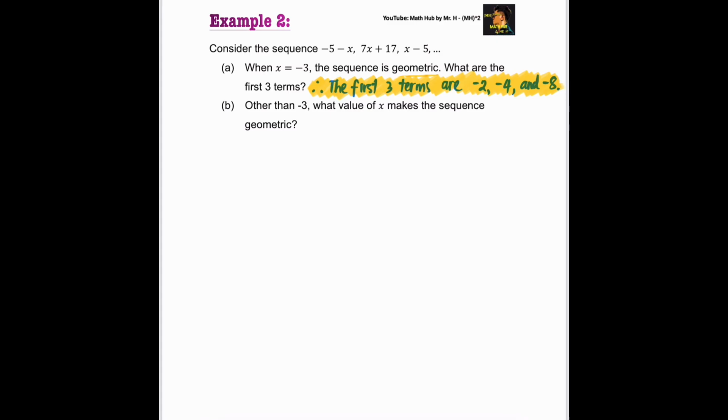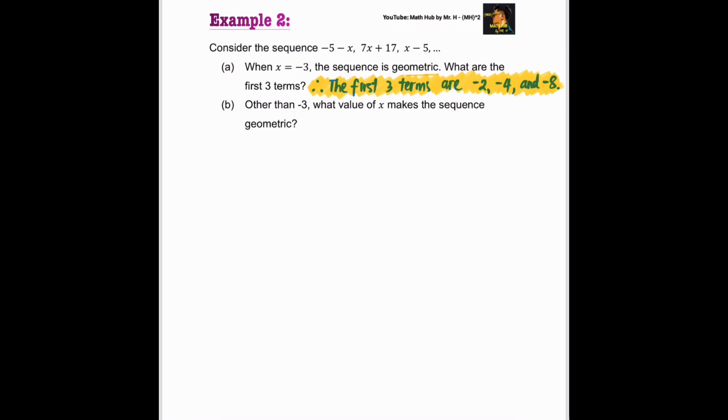Other than -3, what value of x makes the sequence geometric? So for this question, we need to use the concept of how to find the common ratio, which we already did in question 1. And we actually just did when we checked the common ratio for the first three terms, right?